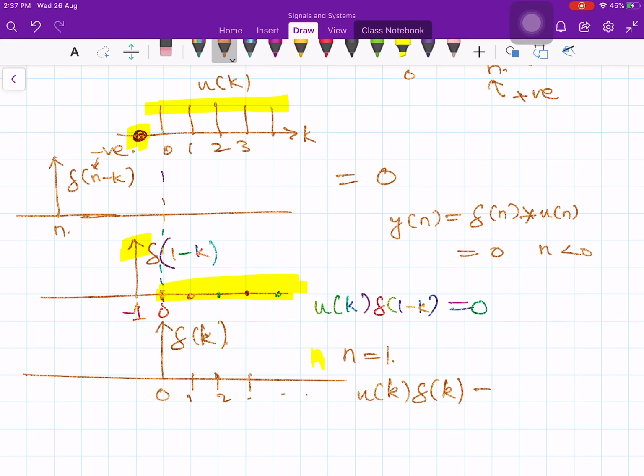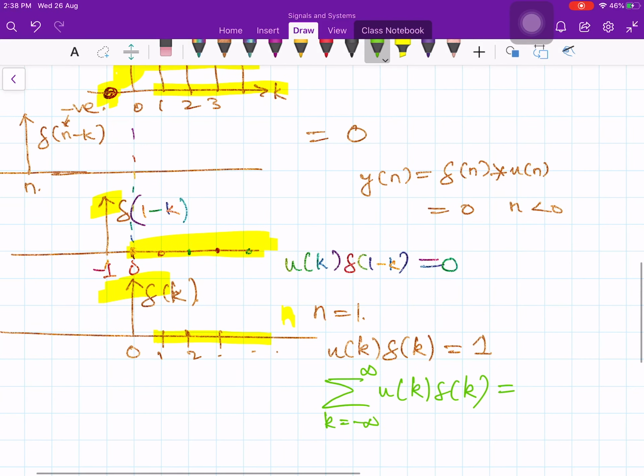Because here the amplitude is 1 and here also the amplitude is 1. And here it is 0 and these are all zeros. Therefore if you make the summation of u of k times delta of k, where k is from minus infinity to plus infinity, only in one place it is non-zero, so therefore it is 1.